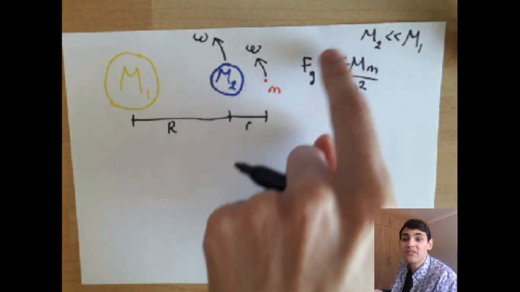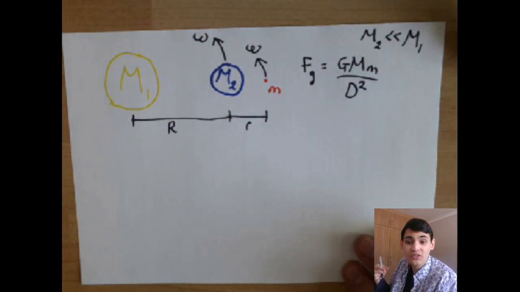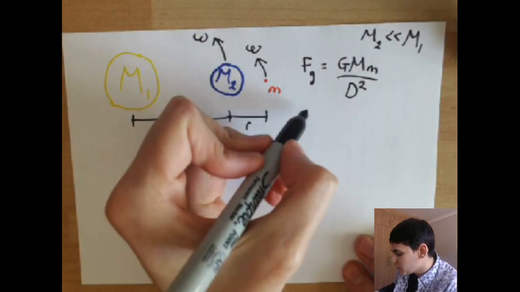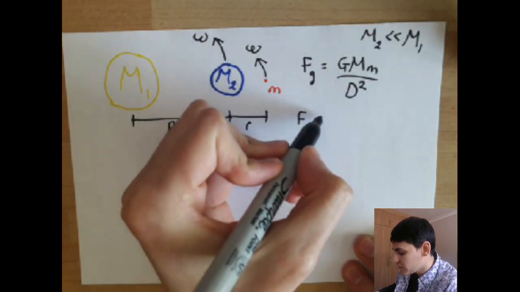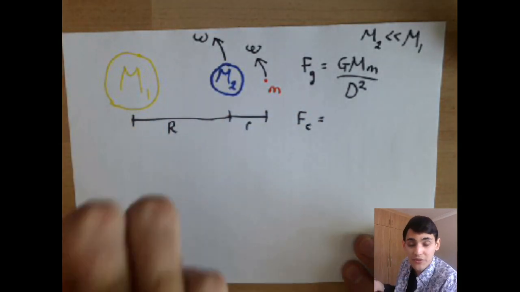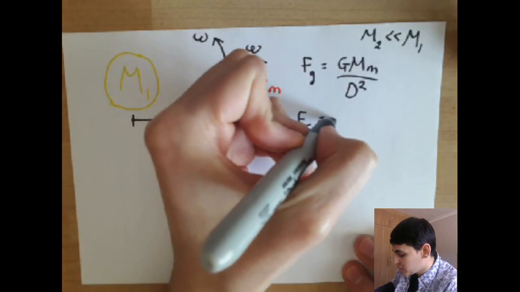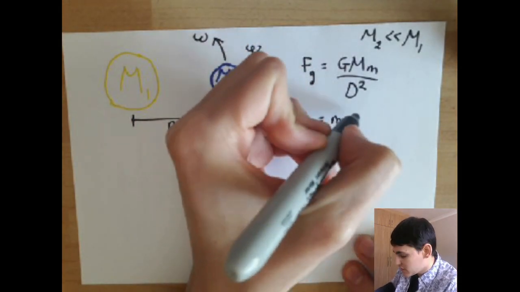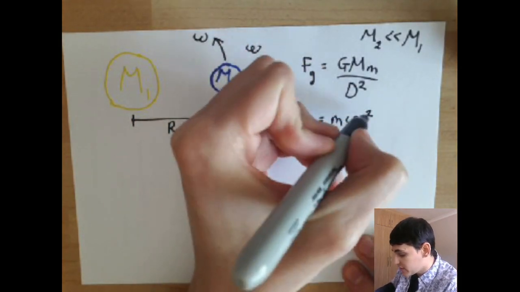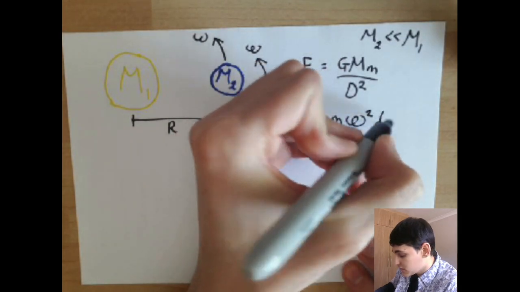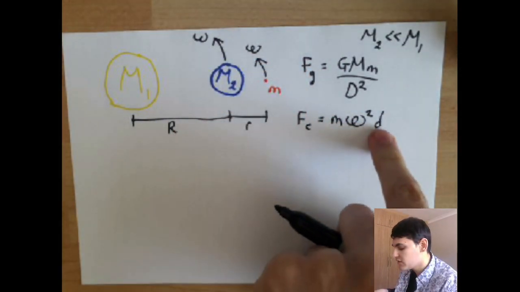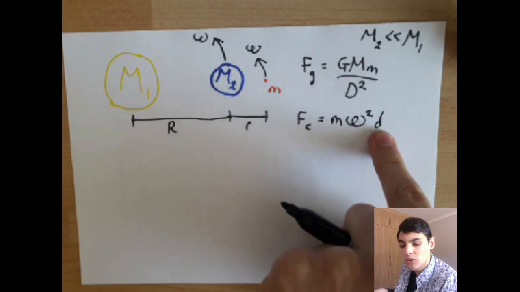These are just placeholders for the gravitational force equation. And we also have the force due to circular motion or centrifugal force, and that is given by little m omega squared d, where d is the distance to the body of orbit.